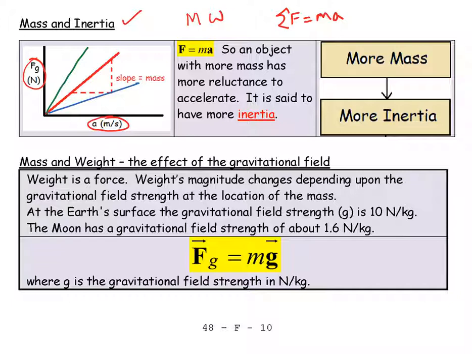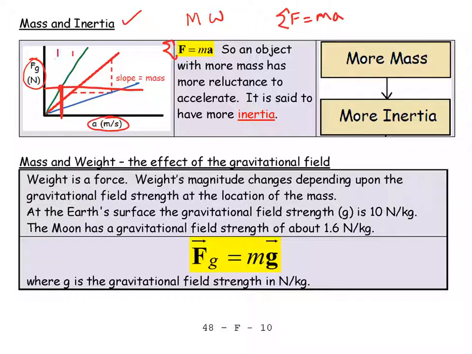So what we can say is that the sum of the forces equals ma. So an object with more mass has more reluctance to accelerate. Here's a force, and here's the object with most mass, accelerates least.